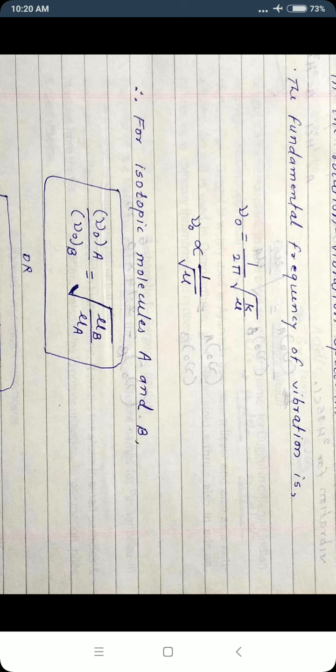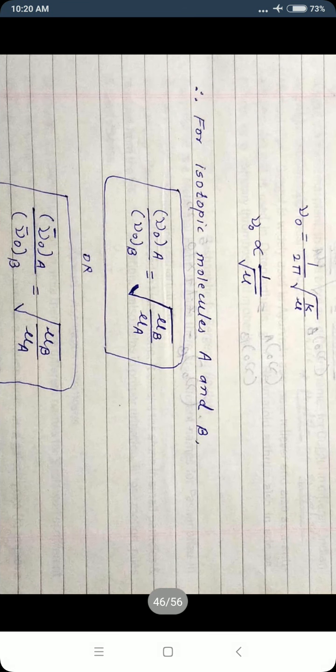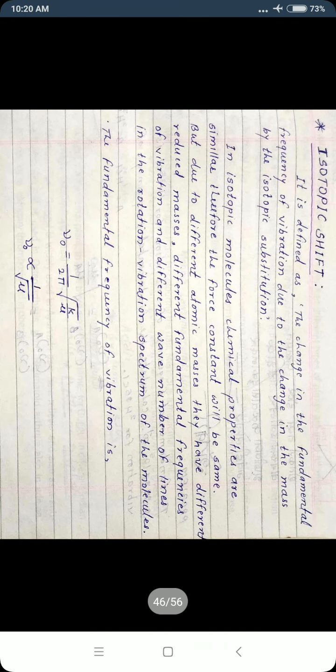Remember that the relation is inverse. If we consider the vibrational frequency in wave number form, then ν̄0A/ν̄0B is equal to the square root of μB/μA. Remember this relation for isotopic shift problems. This was already explained during vibrational spectroscopy.